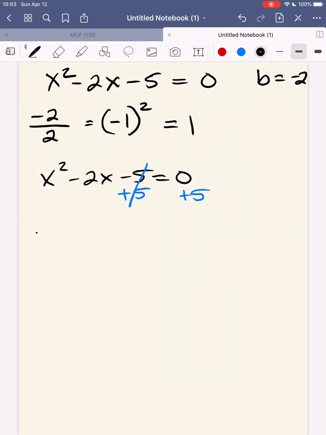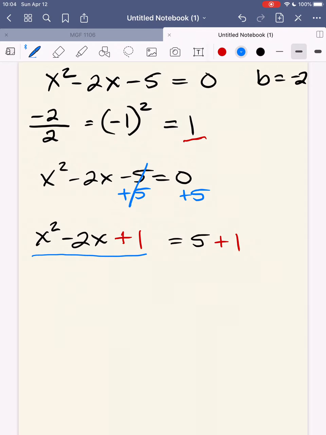My equation is now x squared minus 2x, and I'm going to leave a big blank space, is equal to 5. Now this 1 is going to be added to both sides of the equation, so I have it on the other side too. What I have done is make this a perfect square trinomial.